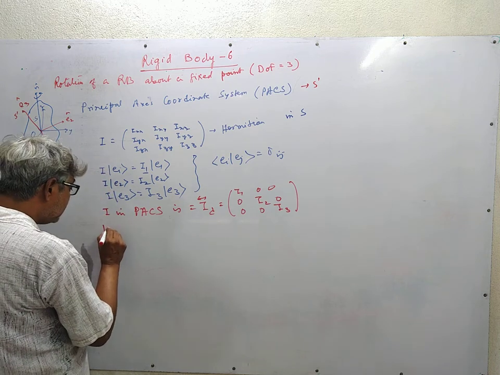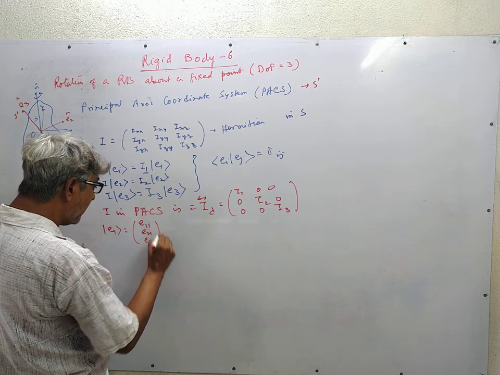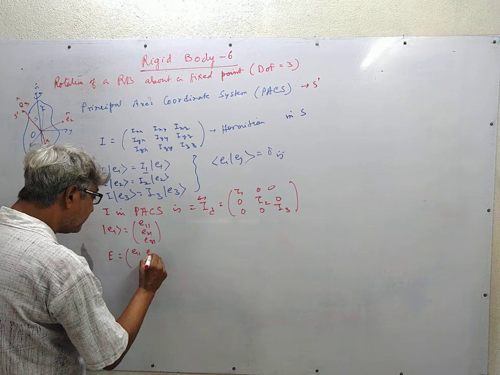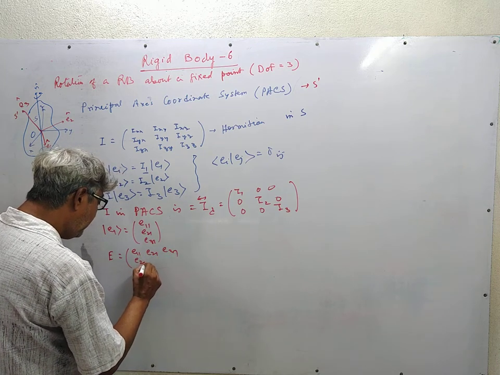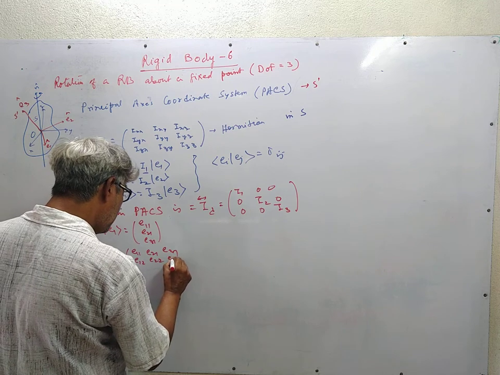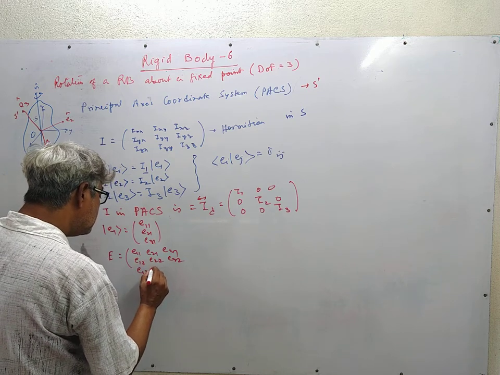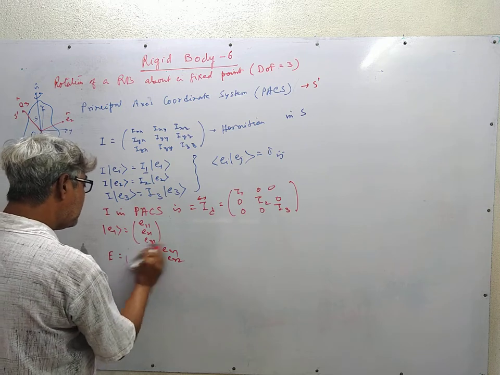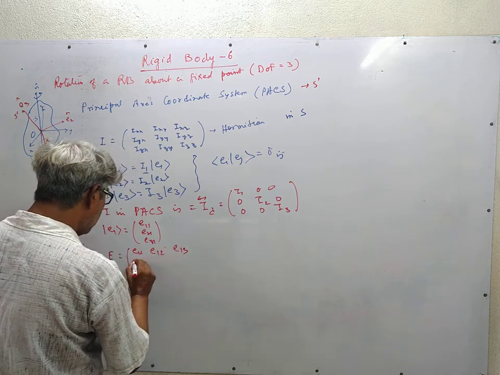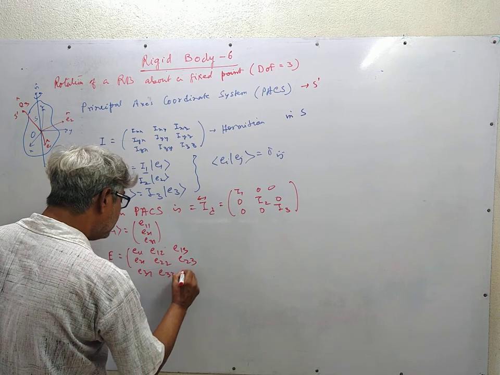This E1 has three components, E11, E21, E31, and we construct a matrix E, which is E11, E12, E13, E21, E22, E23, E31, E32, E33.